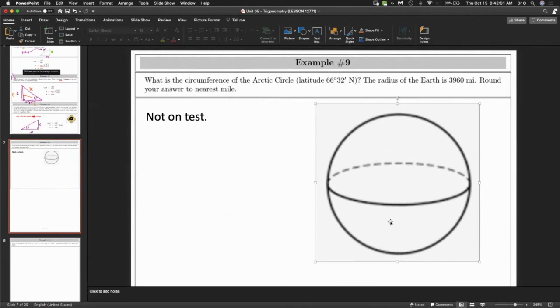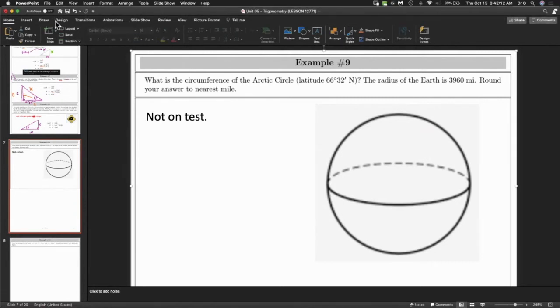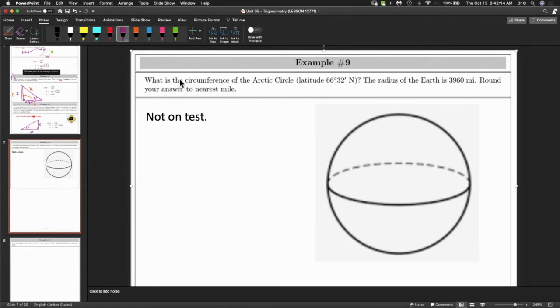So there's our Earth. Our Earth is roughly a sphere. It's not exactly a sphere. It's a flattened sphere if you want, like someone stepped on it. Not really, literally. And the question here is, what is the circumference of the Arctic Circle? So let's just say this is north up here.